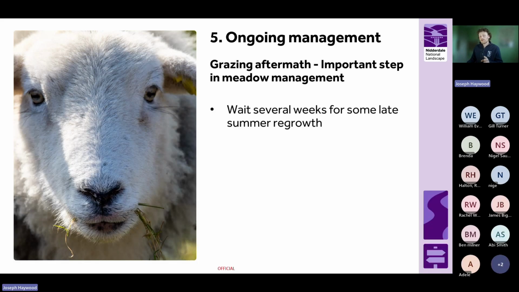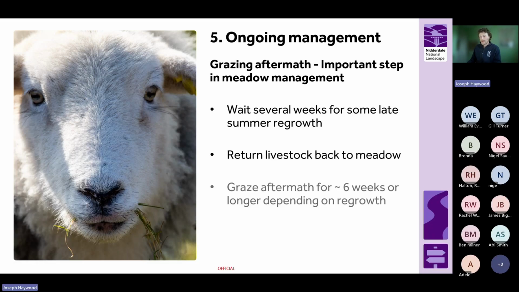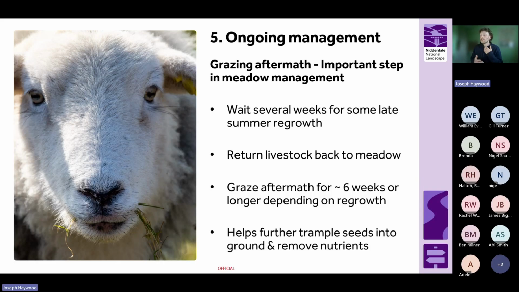You want to wait several weeks after you've done your sowing, and then you can return your livestock to the meadow. You want to graze that aftermath for about 6 weeks, depending on how much regrowth you've got. That helps further trample the seeds into the ground and further removes nutrients.